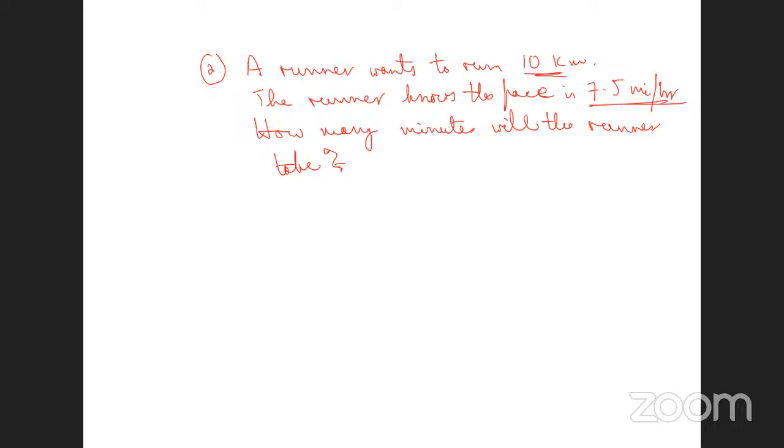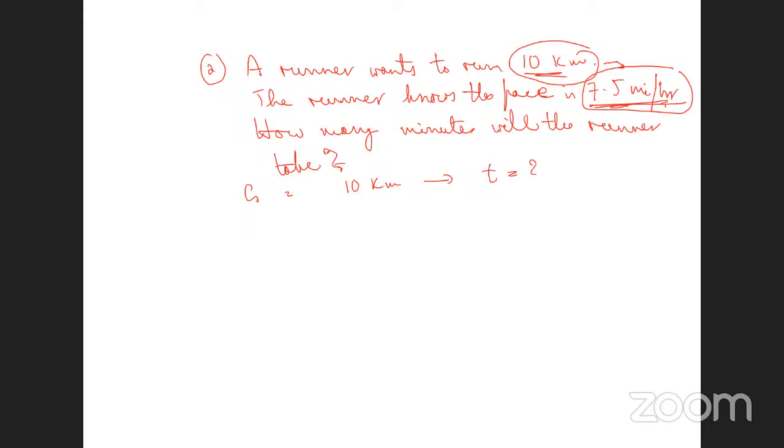Okay. Now, we can convert the 7.5 miles per hour to kilometers and then go for 10 kilometers, or we can convert this 10 kilometers to miles and then find hours and then go for minutes. So we'll take that easy road, because instead of converting this entire thing, we'll take 10 kilometers. So if you just go by the givens, we have been given 10 kilometers. That's what they're asking the time for.